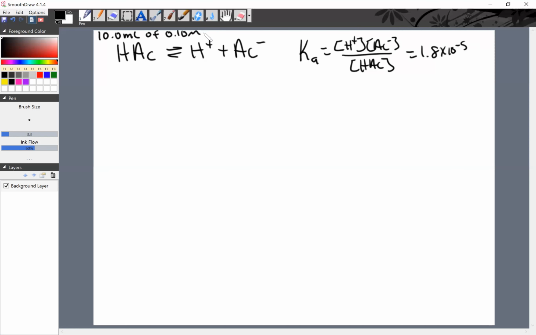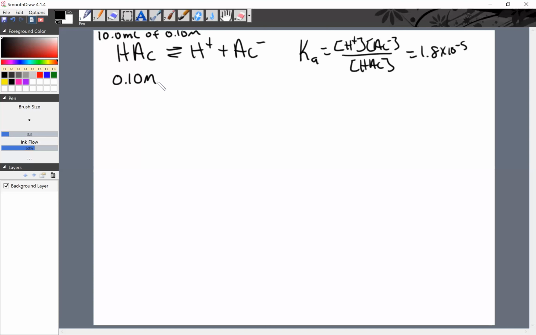Do you know the concentration of your beginning acetic acid? The answer is yes. Just a quick note: do I care that there's 10 milliliters right now? If I haven't combined anything to it, the answer is no. I could have 10 milliliters, I could have 100 milliliters. The pH is going to be the same as long as I haven't combined anything. So right now, the 10 mL isn't important. I just care about the 0.10 molar.